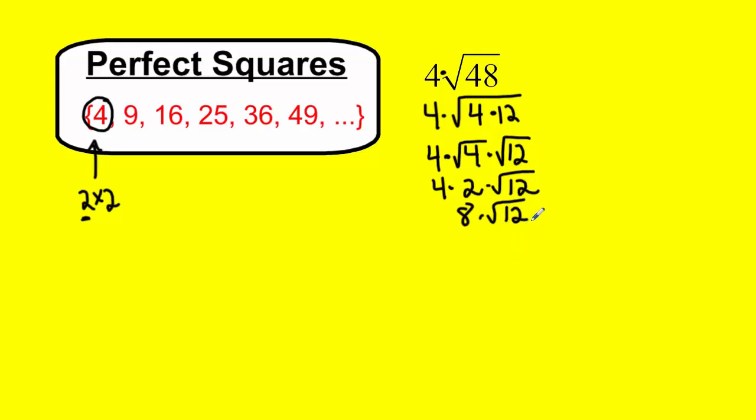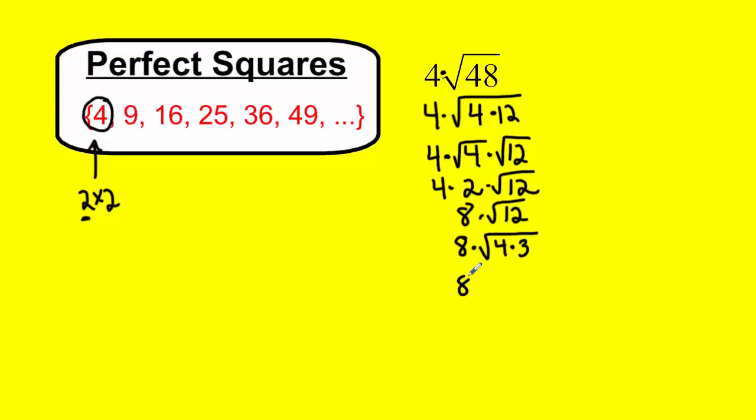And at this point, I ask myself again, do any of these perfect squares go into 12? Well, I know actually 4 goes into 12, so I'm going to use that perfect square again. And I would get 8 times the square root of 4 times 3. 4 times 3 is 12, so I know that this is good so far.